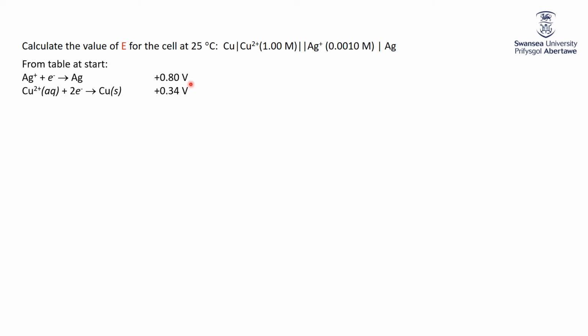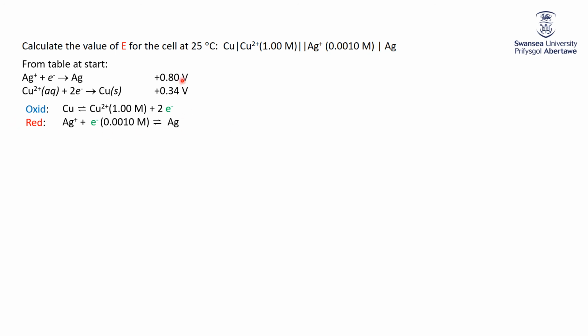Both of these are given as reduction potentials, which hopefully is how you remember they are given. Let's look at the reaction we're actually dealing with. The oxidation is copper to copper 2 plus. The reduction is silver plus going to silver. I put in the electrons easily because you can see those.